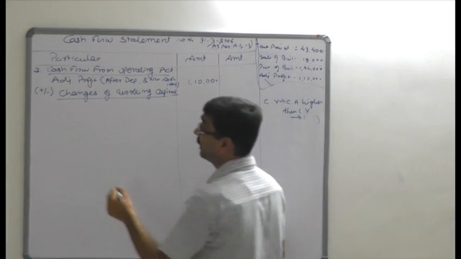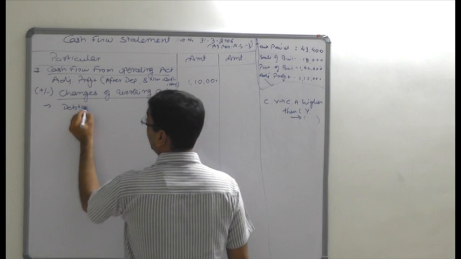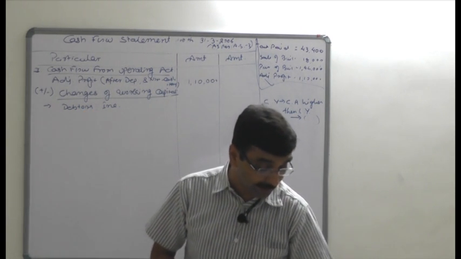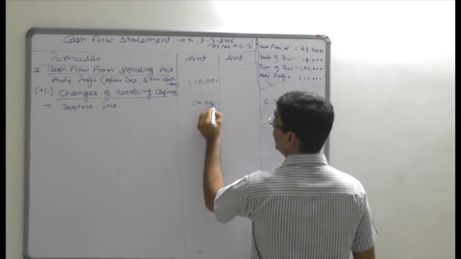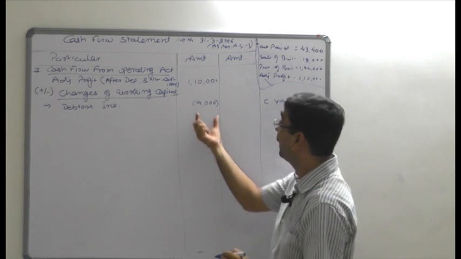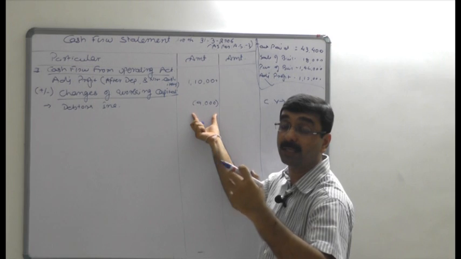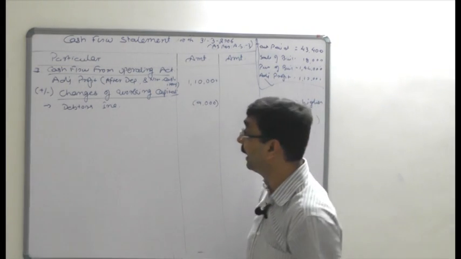So here we will write the first item, debtors increase. In case of debtors increase, current year assets increase, it would be negatively impacted. So if it is negative, it will be written in brackets, right? An increase in current year current assets always decreases your cash flow, and that's why it's considered in brackets.